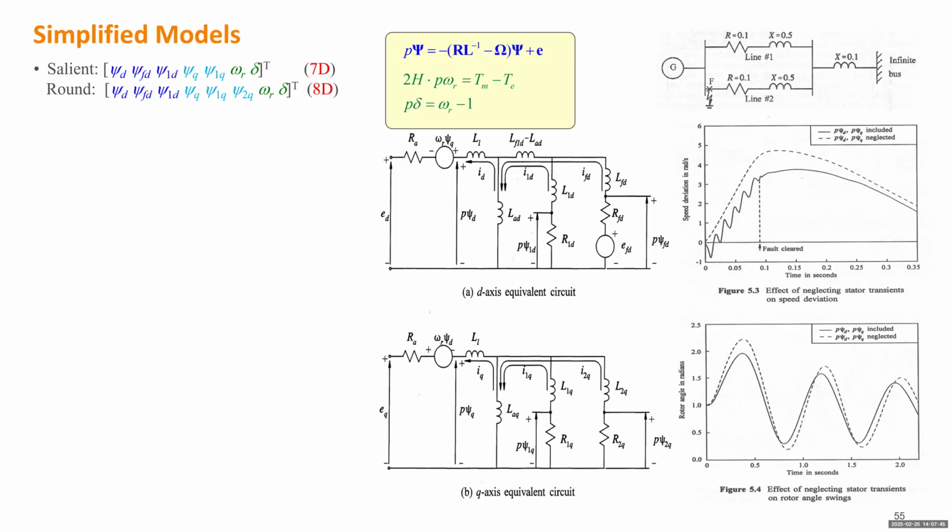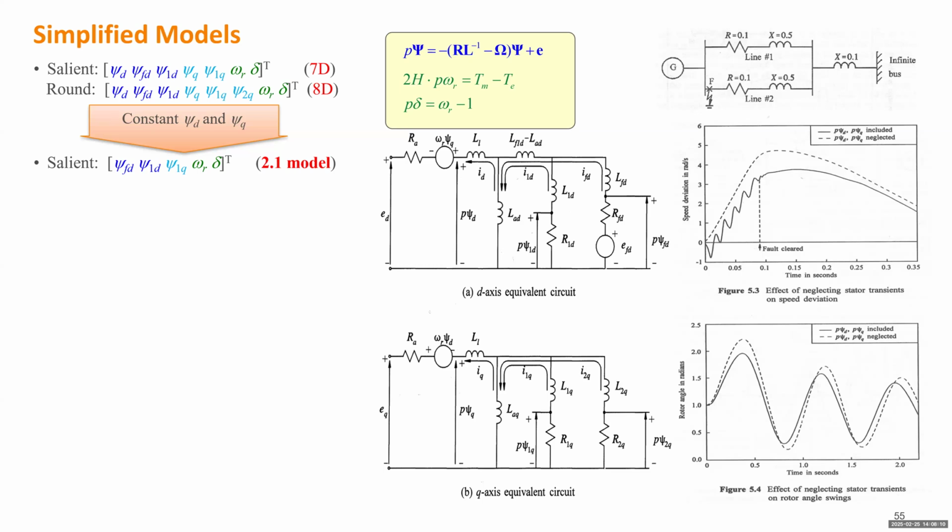Any future models we derive, you can see from books, they usually assume psi d, psi q to be 0 for the stator winding. So let's just simply assume psi d, psi q to be constant. Then that reduces the dimension by 2. For a cylindrical rotor generator, we only have 5 state variables.